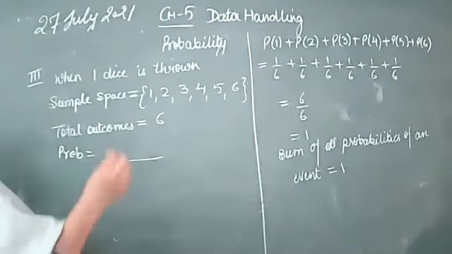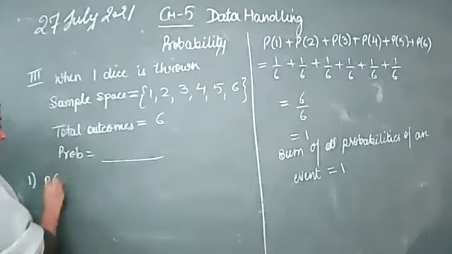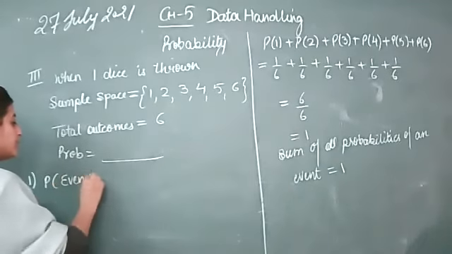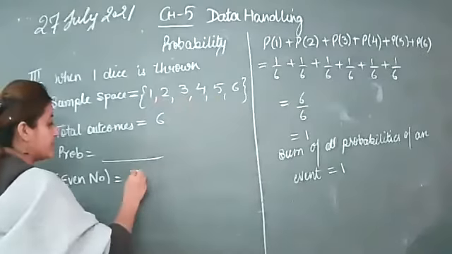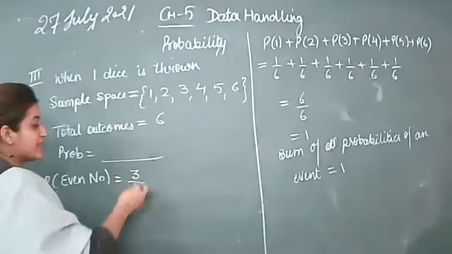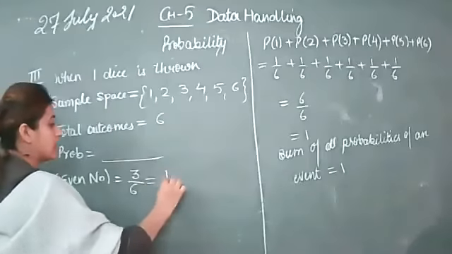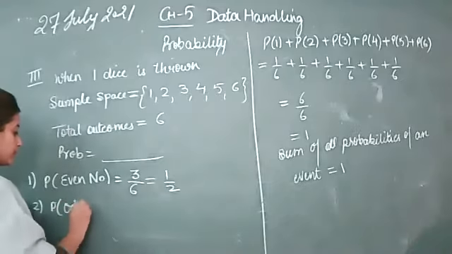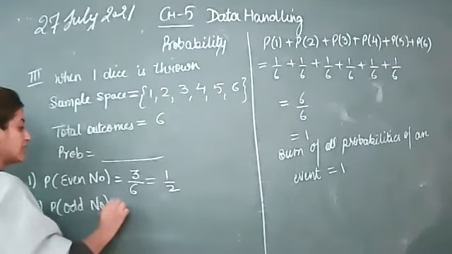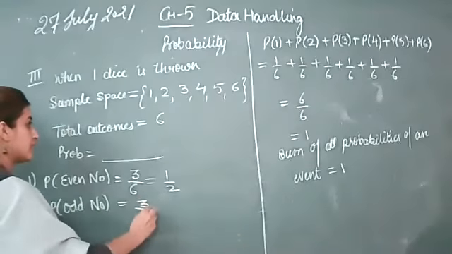Ma'am, 2, 4, and 6. So 3 even numbers are there out of 6, so answer will be 1 by 2. Probability of odd number: out of these 6 numbers, 3 are even and 3 are odd.